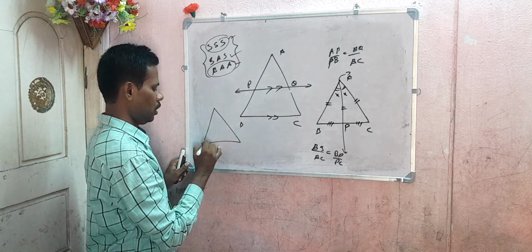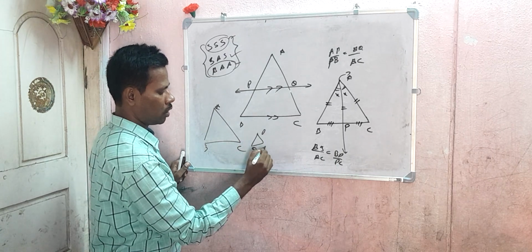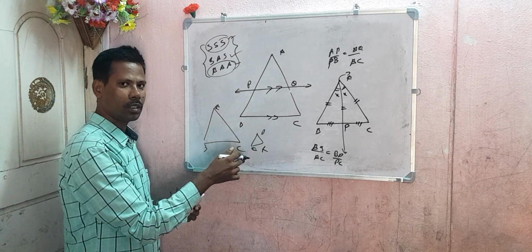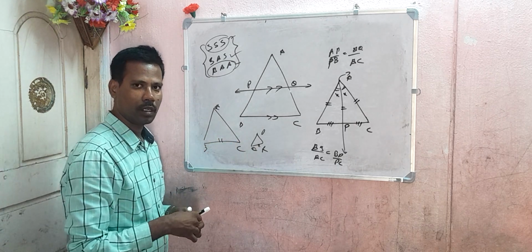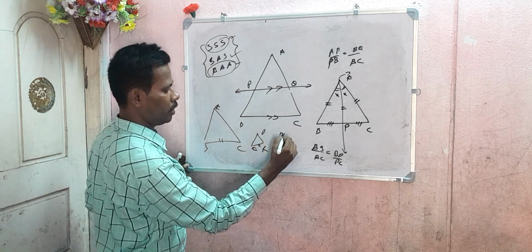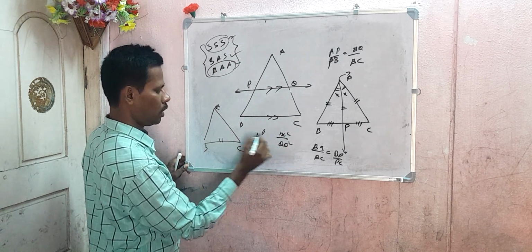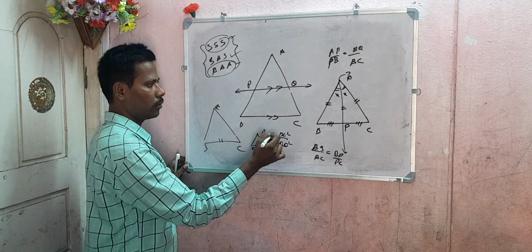If two triangles ABC and PQR are similar, then the ratio of their areas equals the corresponding squares of the sides: BC square by QR square, provided these two triangles are similar.